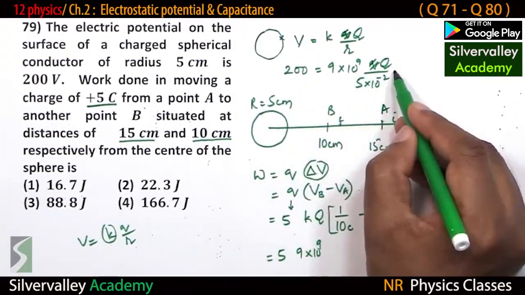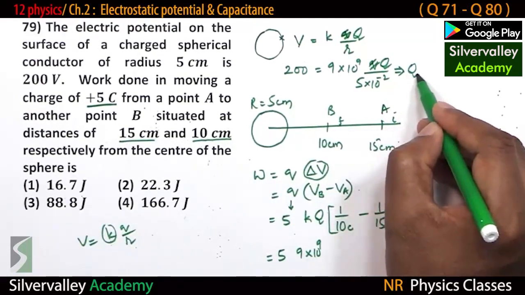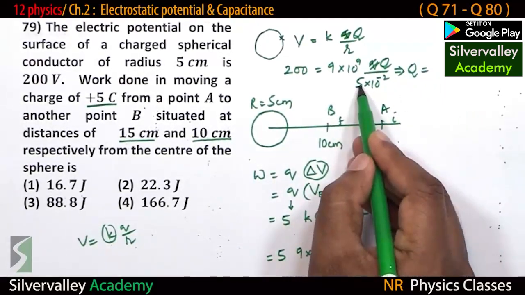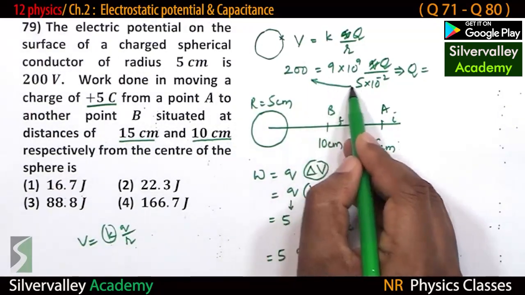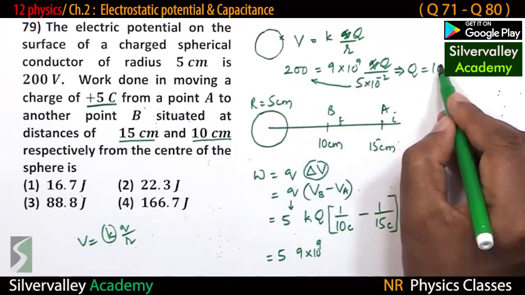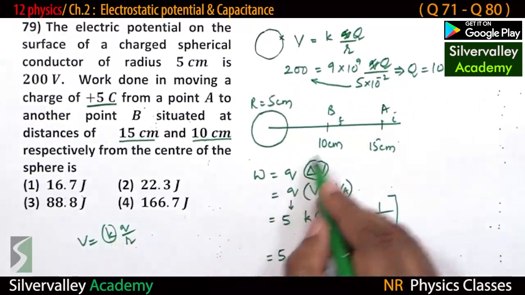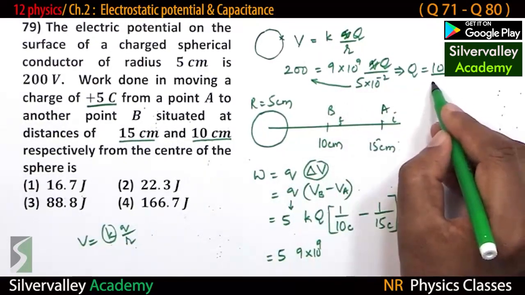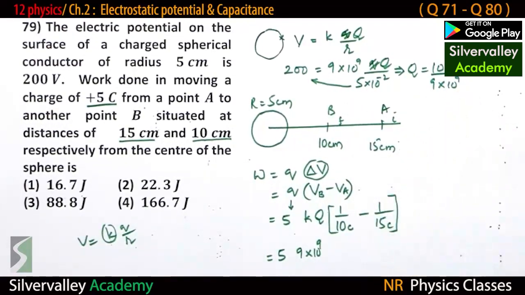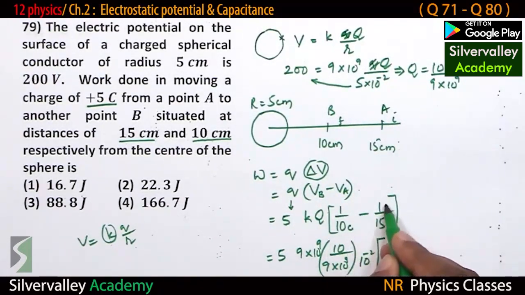So charge is 200 into 5. Let me simplify this. Charge equals this into this, 5 into 2 is 10, 10 power minus 2, 10 power 2 is 1, divided by 9 into 10 power 9. So this charge is 10 divided by 9 into 10 power 9. Centi is a common factor outside. Centi is minus 2. 1 by 10 minus 1 by 15. 5 is also outside.